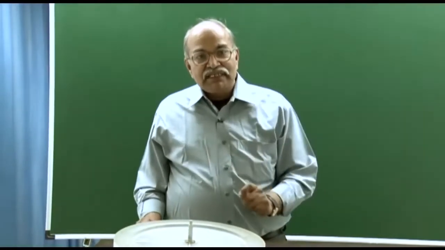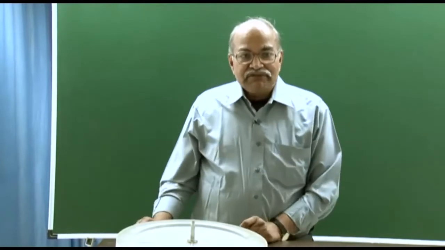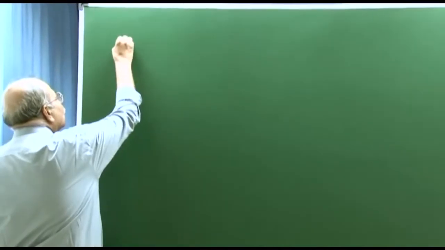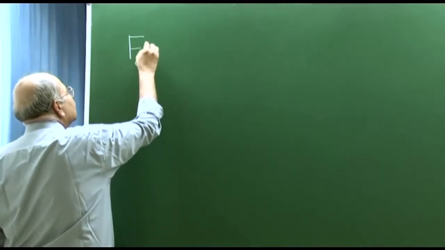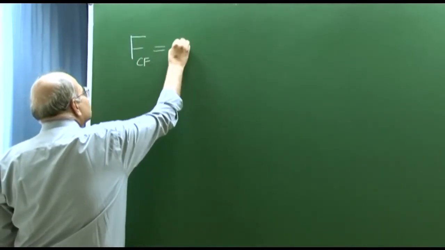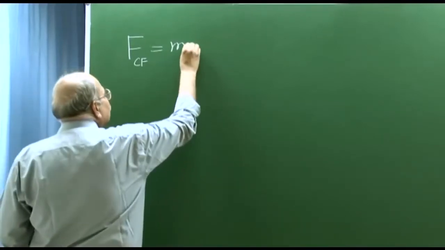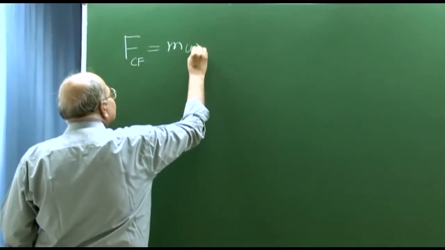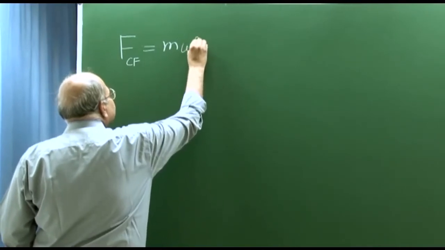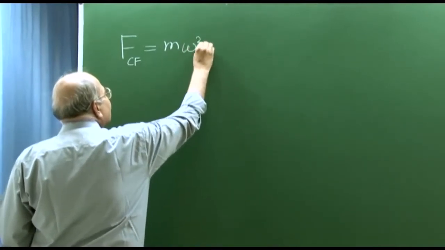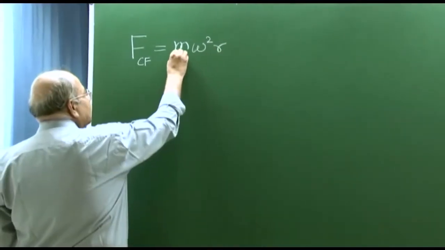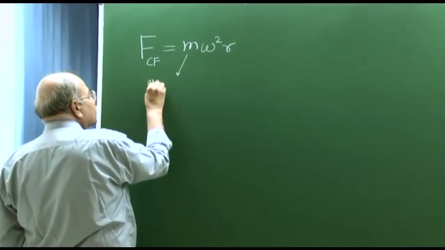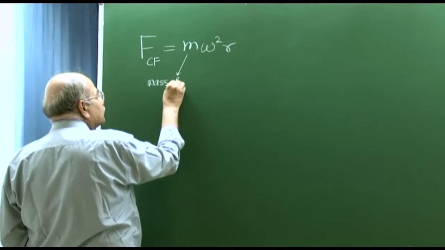The magnitude of the centrifugal force is given by this expression: the magnitude is m omega squared r, where m is the mass of the particle, omega is the angular velocity of the frame, and r is the distance from the axis. What is this m? This is the mass of the particle which you are discussing.